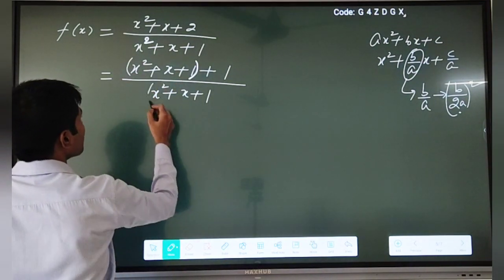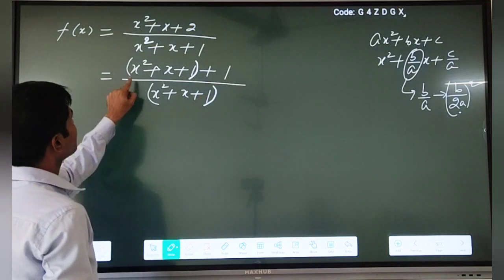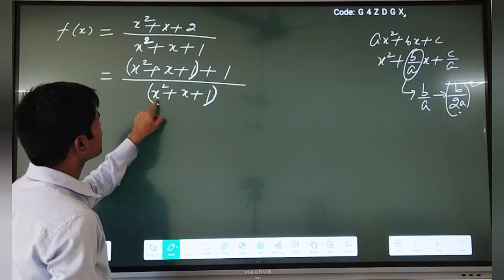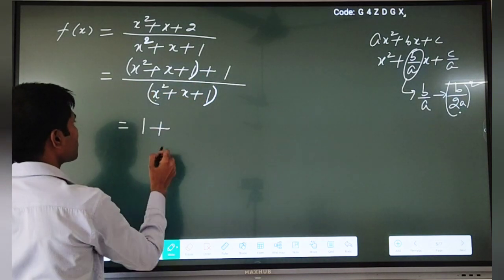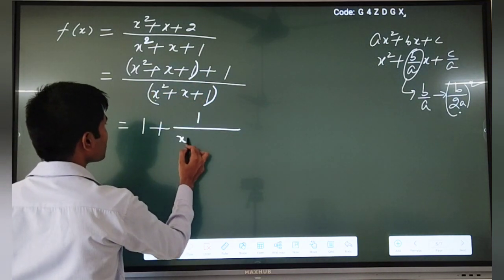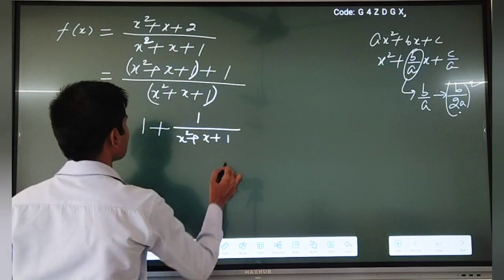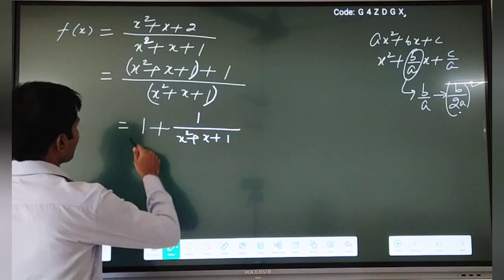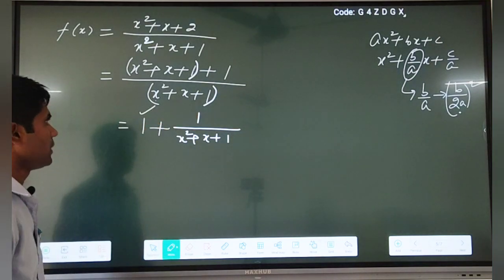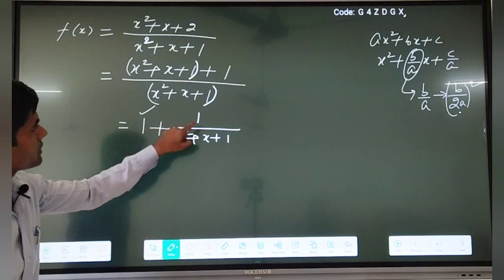Here divide separately, x square plus x plus 1 by x square plus x plus 1. So after cancellation, 1 by x square plus x plus 1. Okay student, now no need to worry about 1. 1 is fixed.